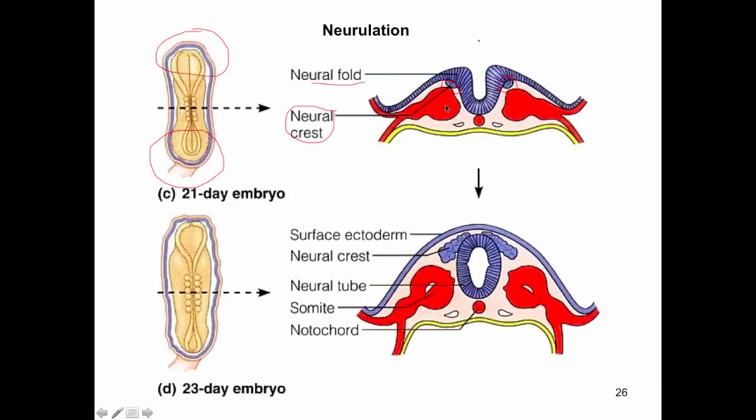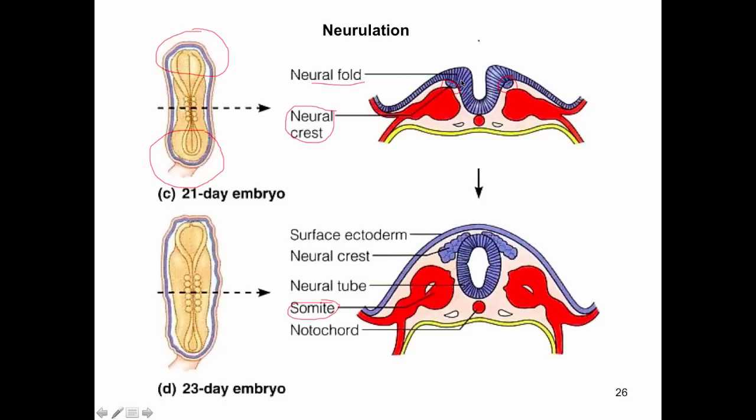Okay? And you see these red bulbous portions of mesoderm. They are going to form what's called the somites. These bulbous regions of mesoderm on either side of the neural fold are going to become the somites, and they will form all of the segmentally innervated muscles of the trunk of the body and the vertebral bones.